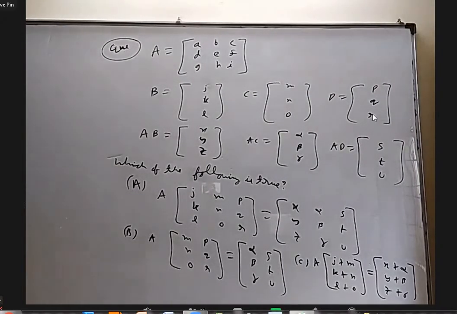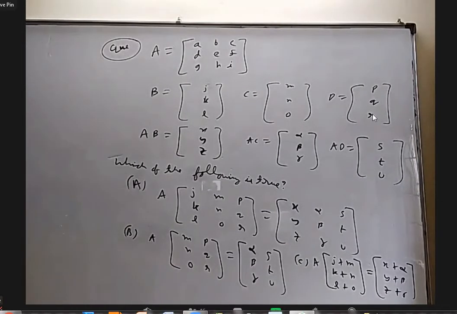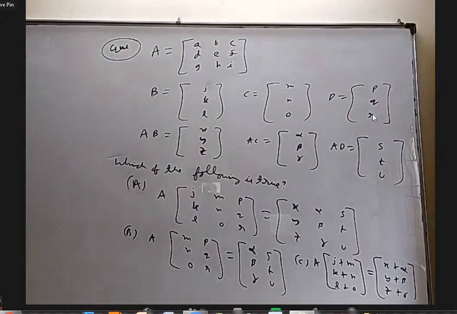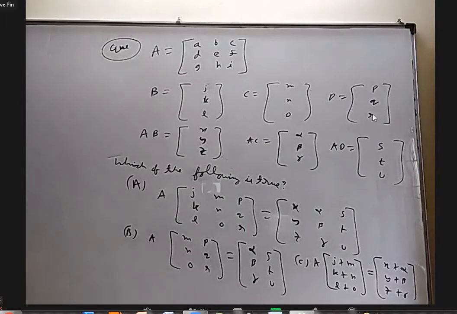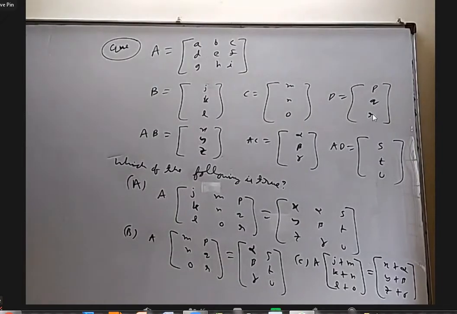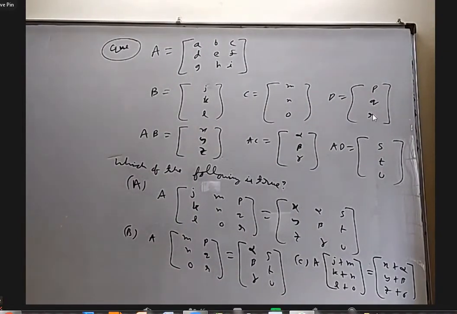Sir, option C is correct, I think. C is correct. Okay. In option C, sir, A into the matrix is given, that matrix is a 3 by 1 matrix.